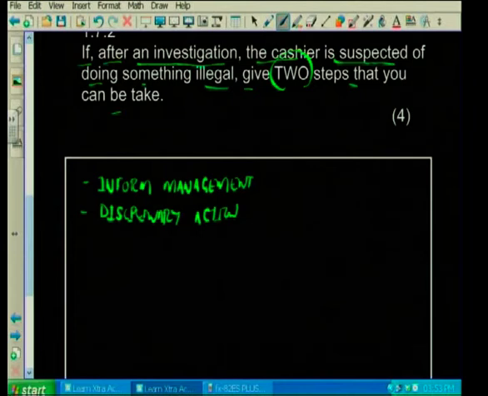Like what? Either the cashier is moved to another place, or given a final warning, depending on the severity, and on what other information you can come up with in the investigation.